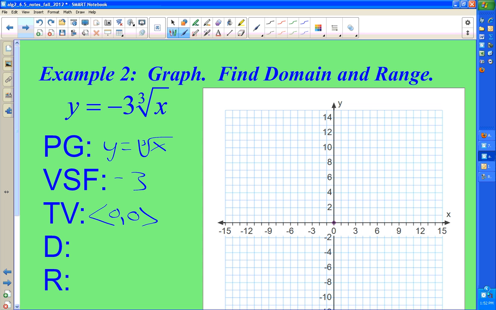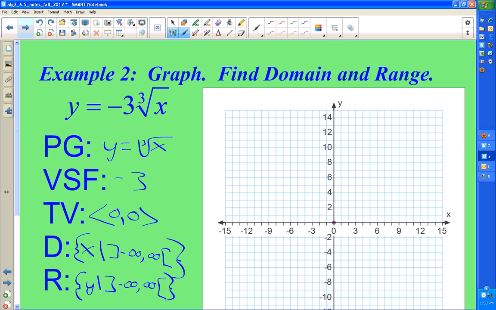Not how do we write it, how do we say it? Two words, all reals. If you have an odd index, it's all reals, so all values of x such that we're going to go from negative infinity to infinity. And same thing for the y's, negative infinity to infinity.